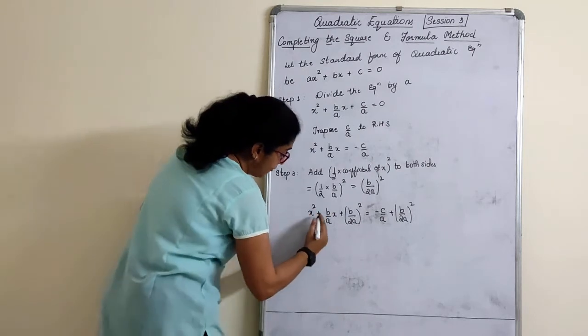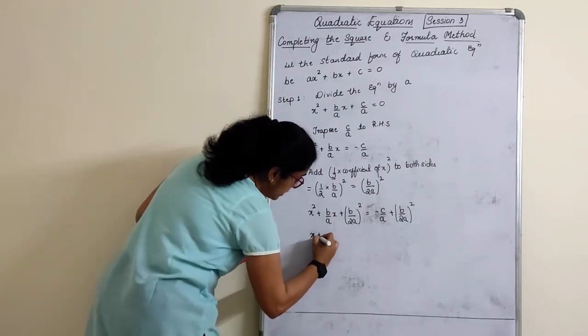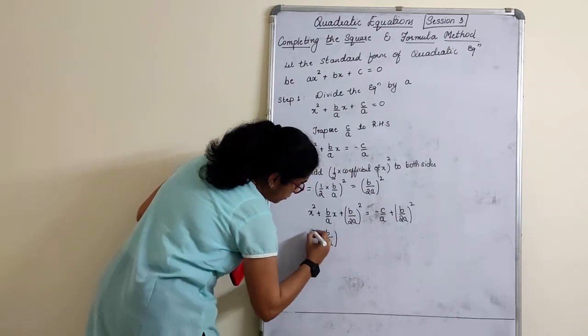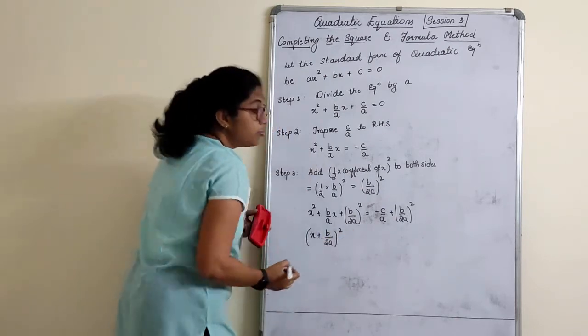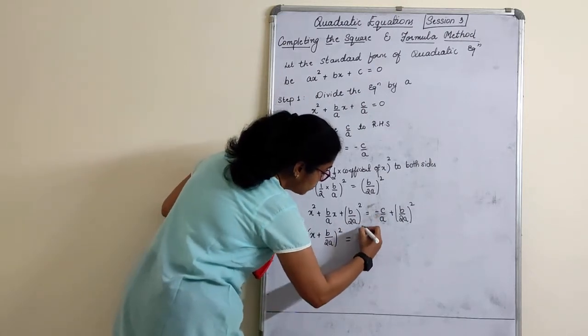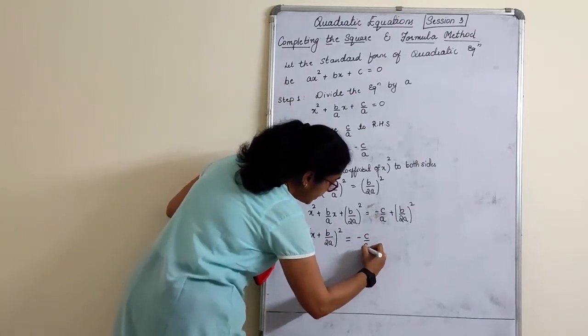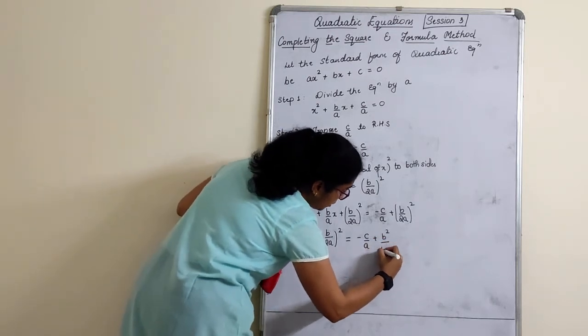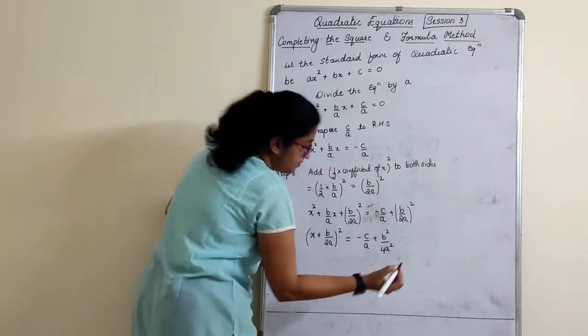So that is always in the form of a plus b or a minus b whole square. So I will write this as x plus b upon 2a whole square. That is why I told you, do not open the bracket here. Simplify this one: it is equal to minus c by a plus b square upon 4a square.